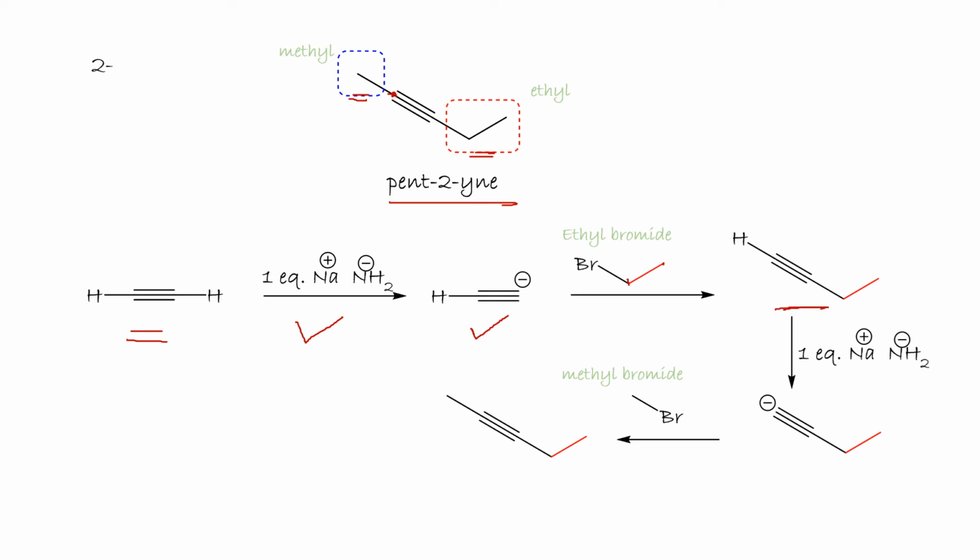Then react this compound again with one equivalent of sodium amide to form the acetylide, reacted this time with methyl bromide to form the desired molecule. We can start by reacting with methyl bromide, then the second step ethyl bromide, or as shown here, start with ethyl bromide, then methyl bromide. Same tactic.